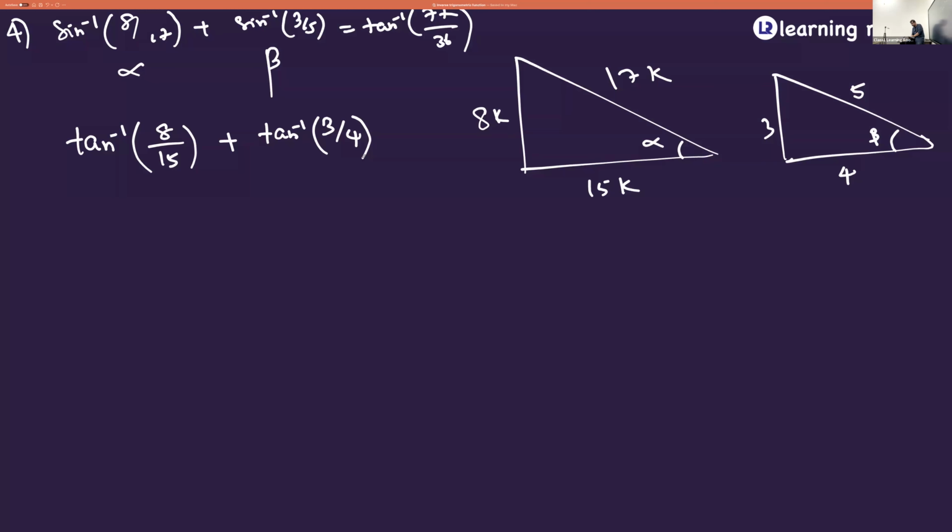Similarly, if you look at the 5th, 6th, and 7th also, convert everything to tan inverse. Whatever question they have given in this kind of sum or difference, convert everything to tan on both the sides.